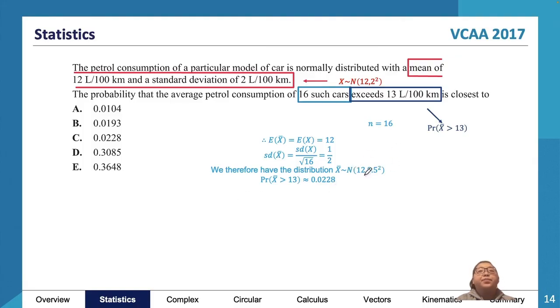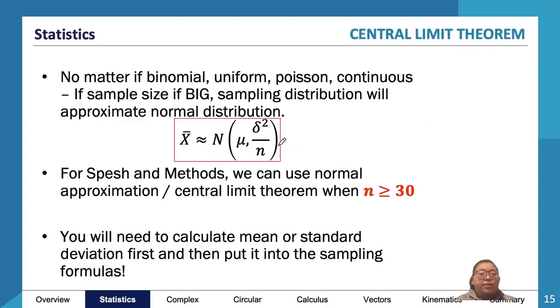Then we pop that into our calculator using norm CDF, and we get 0.0228, and that's the probability that the average of the 16 cars is greater than 13.